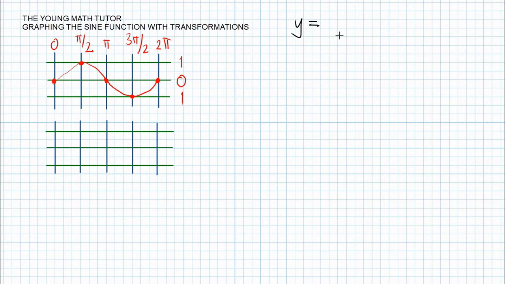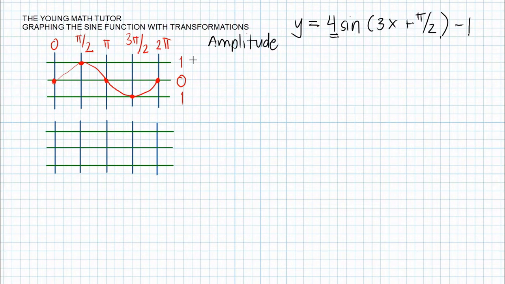Okay, just to repeat our function, it's y equal to 4 sine of 3x plus pi over 2 minus 1. Now let's see the effect that the amplitude gives to our sine function. As you can see, we have to multiply it to the value of sine.